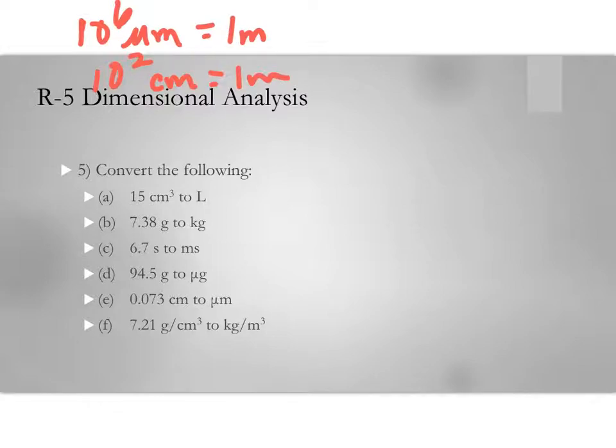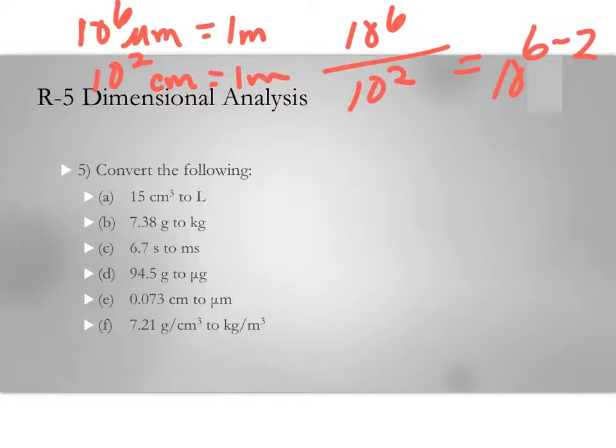There's 10 to the 6th divided by 10 squared instead of 1,000,000 divided by 100. And this will be 10 to the 6th minus 2, which is 10 to the 4th, which is 10,000, but you could use that.